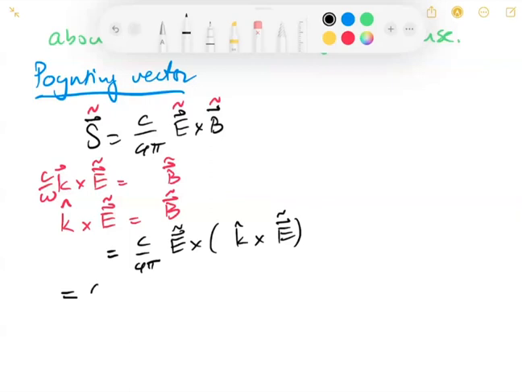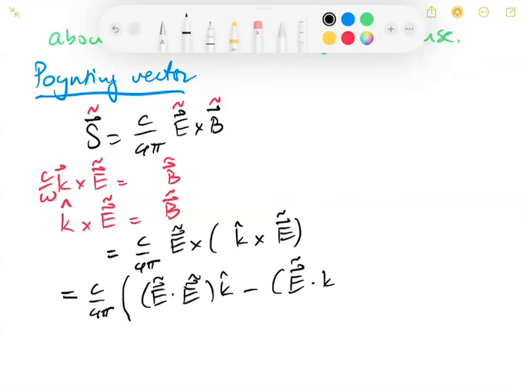So we have c over 4 pi, and then we get E cross E times k minus E dotted with k times E. Now this here is a 0 because E and k are perpendicular to each other.